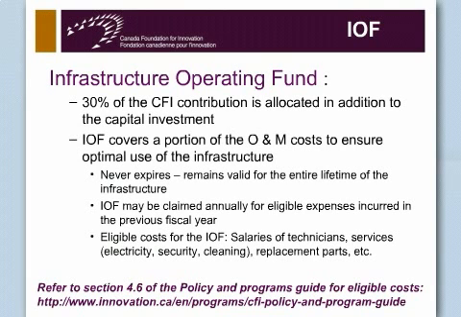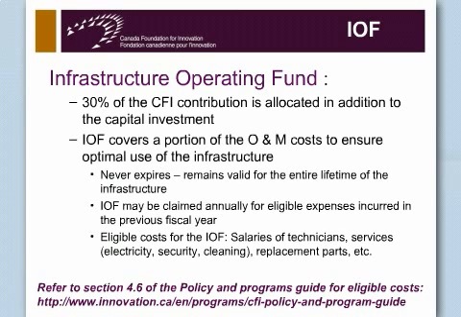So as I said in the introduction to this presentation, each CFI contribution actually comes with an additional 30% bonus. You can see it that way, a bonus that is there to cover your basic operation and maintenance costs to ensure optimal use of the CFI infrastructure.